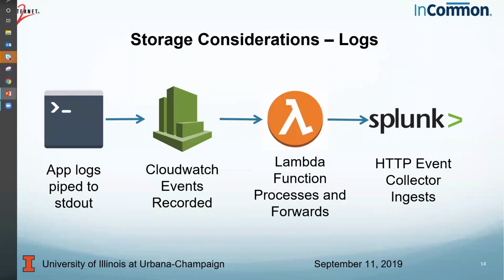It processes and forwards those events over to Splunk by an HTTP event collector, in which Splunk can then ingest and index all of that log data. So it works quite nicely to the point that we basically have one generic Lambda function that handles all of our CloudWatch for all of our applications, and then each individual service and index has its own event collector to ingest, because then you can customize the log formatting for Splunk to be able to index the data more specifically.